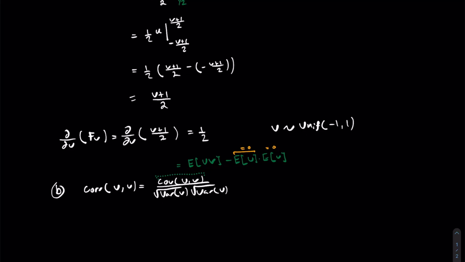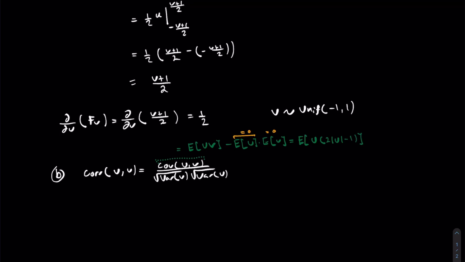This term is now the expectation of U times V, but we know that V is 2 times the absolute value of U minus 1, like so. Let's write it here. It's the same thing as the expectation.